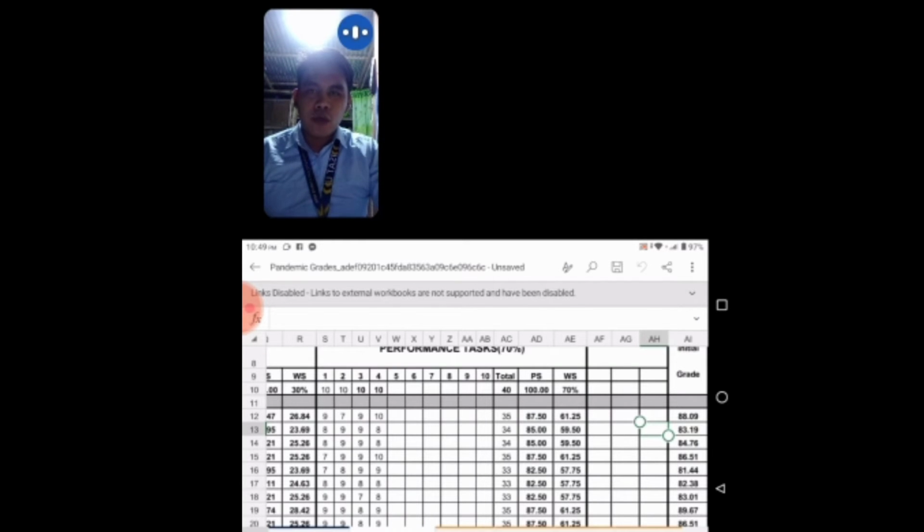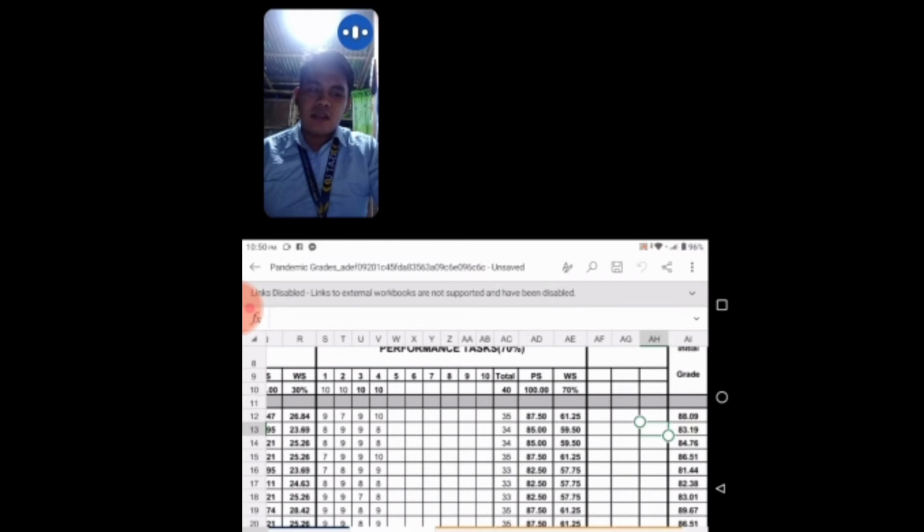Then the performance score we are going to solve: 87.50 times 70%, which is from the performance task. 87.50 multiplied by 70 gives 61.25. Then we compute 26.84 from the written score plus 61.25 from the performance task.